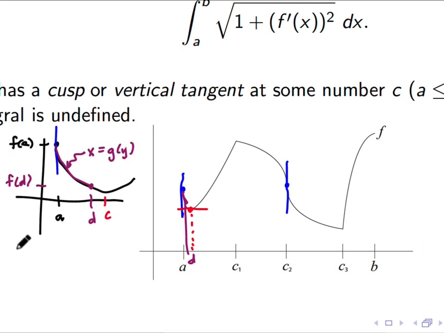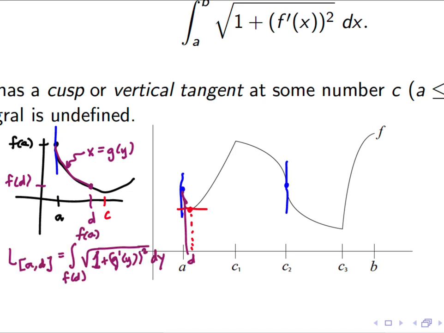Just zooming in, we can set up an integral for the length of this part of the graph by rewriting f as x equals g of y and then integrating from, in this case, f of d to f of a, since f of d is the smaller y value.